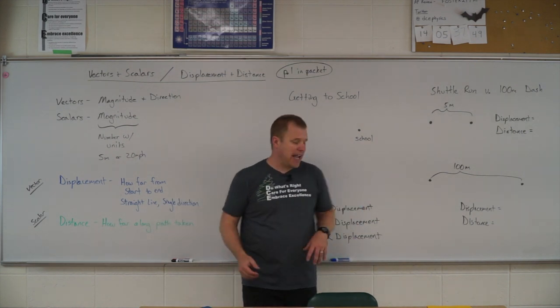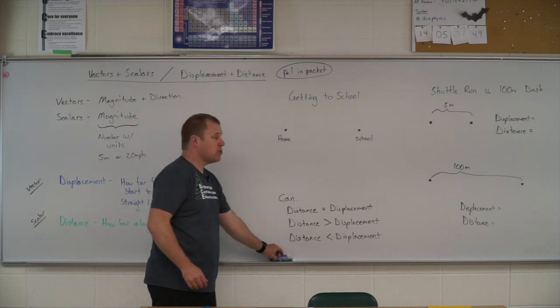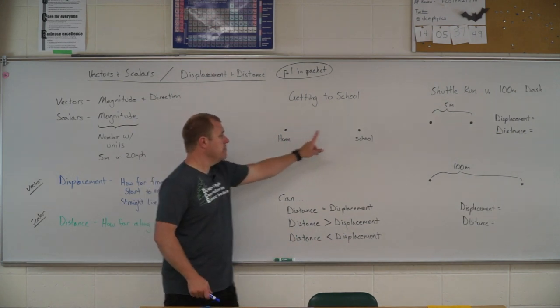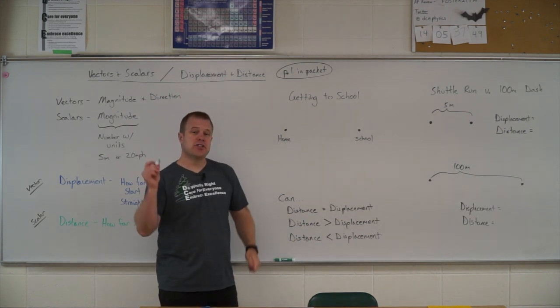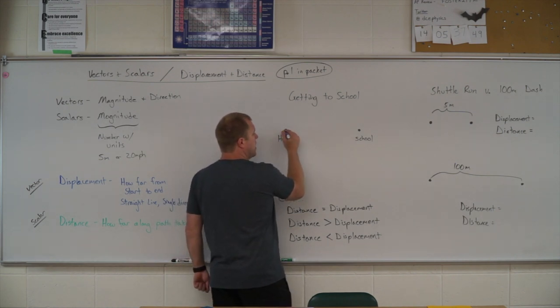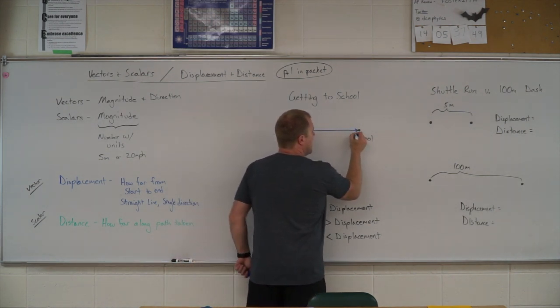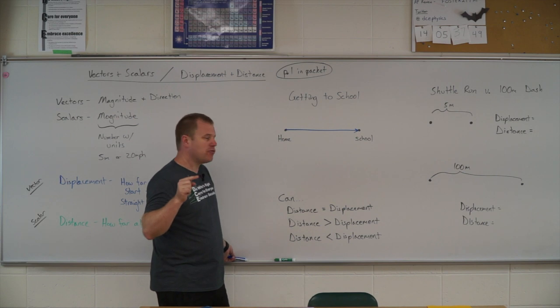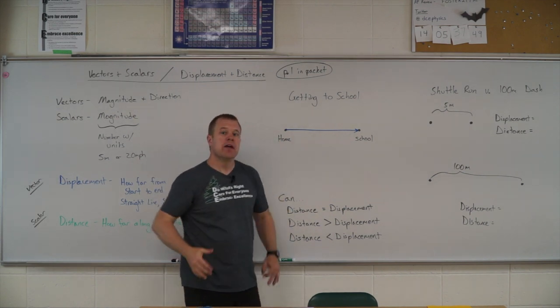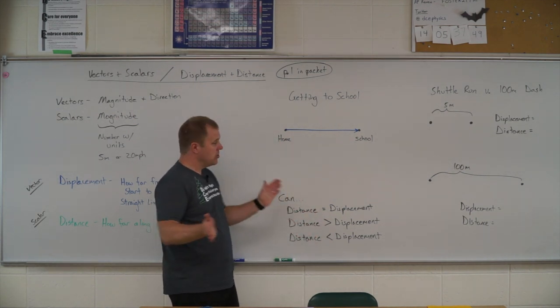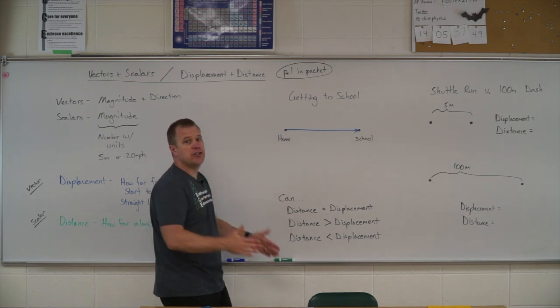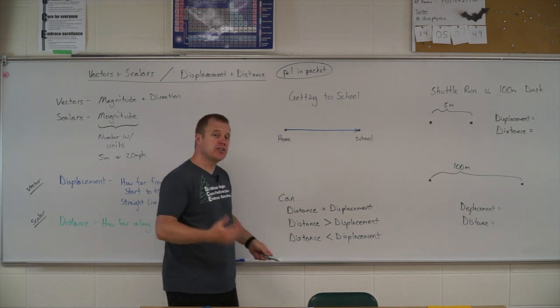So let's look at an example on going to school. So you start at home, you end at school. Displacement just cares about where did you start and where did you end. And it has a very singular direction from home to school. Now, most of us didn't get in our cars, point our car towards school and just go. We probably took some sort of path.